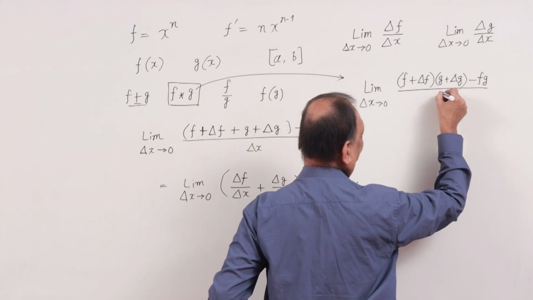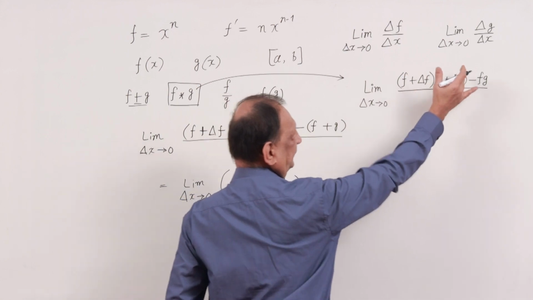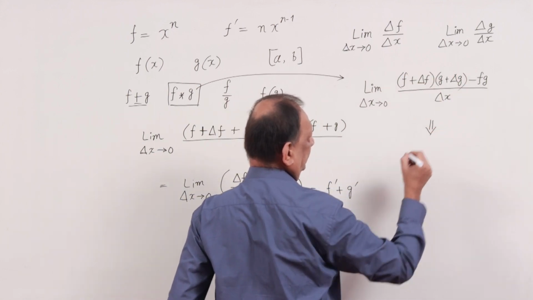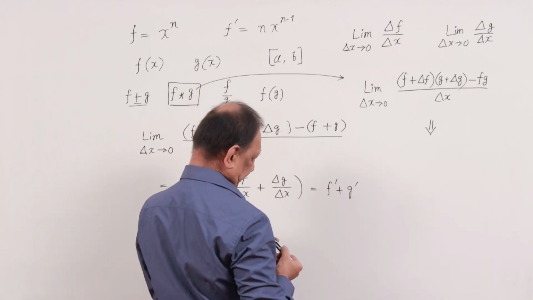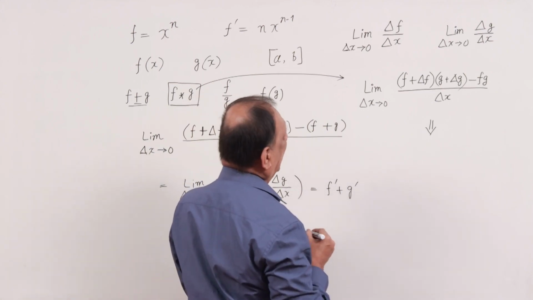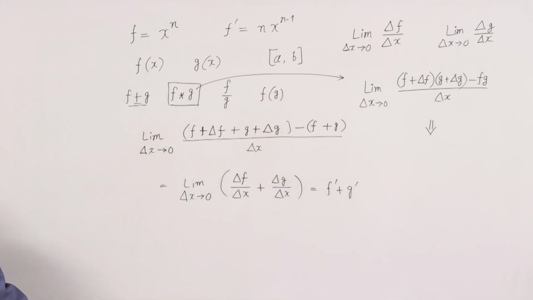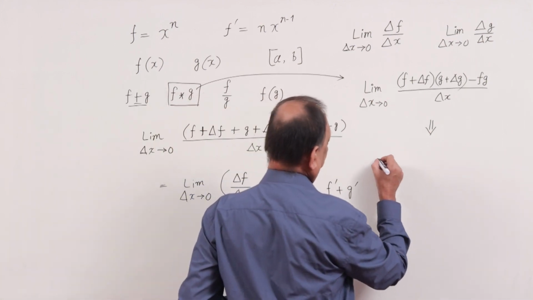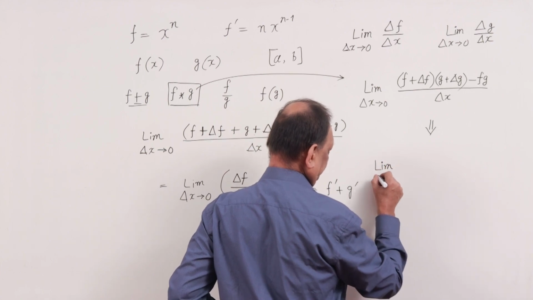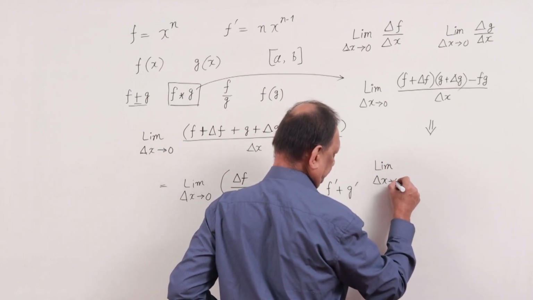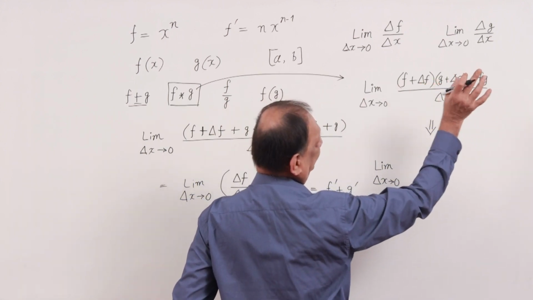Whole thing divided by delta x. We just have to expand these two linear functions we have. The fg and fg will get cancelled, of course.